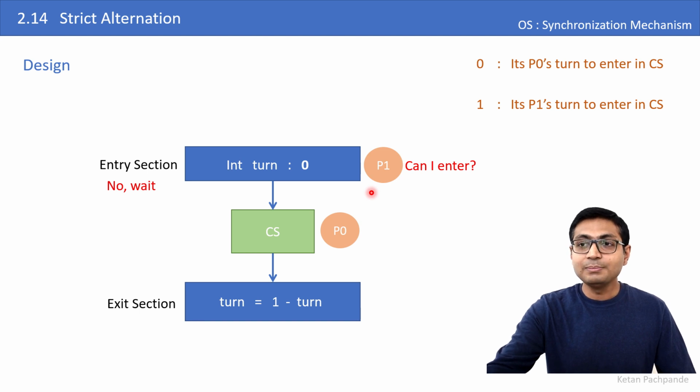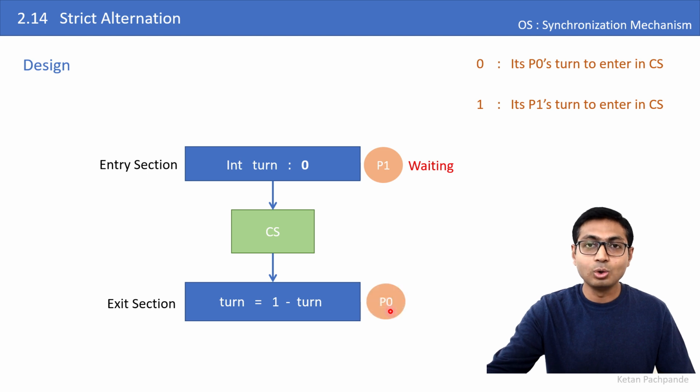Let's assume after some time process P0 continues and it exits the critical section and executes the exit section code. Now in the exit section code, it is going to revert the value of turn. The current value is 0, now it will become 1.